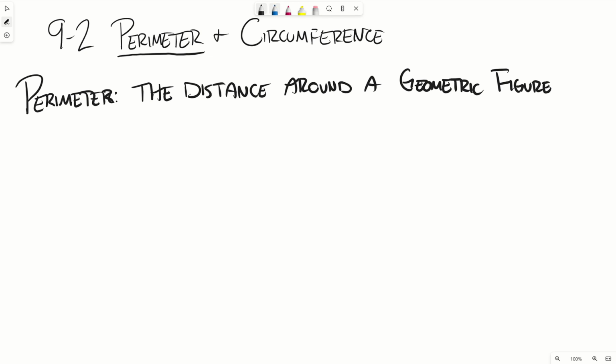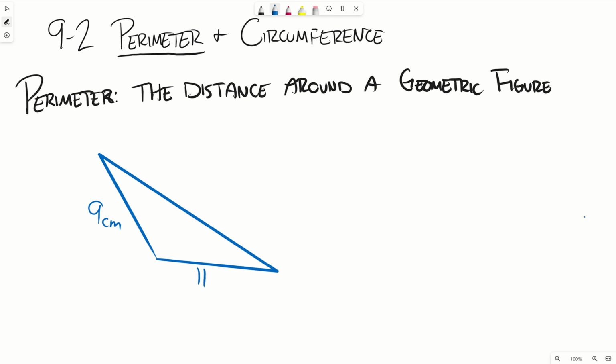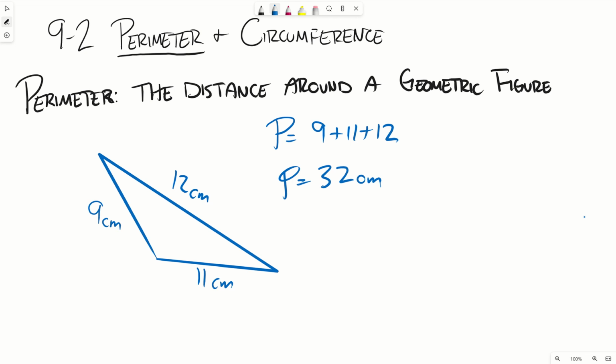So if I were to have this wonderful triangle here, and I said, all right, this is 9 centimeters, this is 11 centimeters, and this is 12 centimeters, I can find the perimeter by adding all the sides up. Perimeter equals 9 plus 11 plus 12, or the perimeter equals 32 centimeters. Okay, so that would be how we're talking about our perimeter, is just adding up all the sides of a shape.